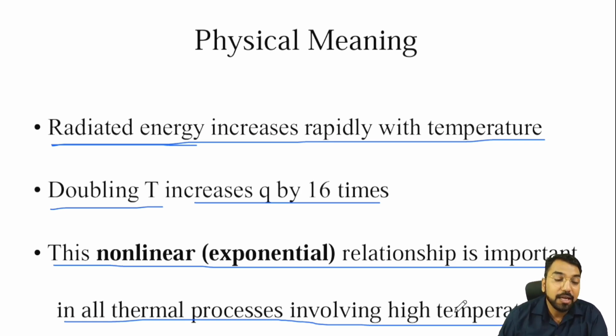But here in radiation heat transfer, the total heat transfer is non-linear or exponential. That's why if we increase T by 2 times, we can get Q, the total heat energy radiated, up to 16 times.